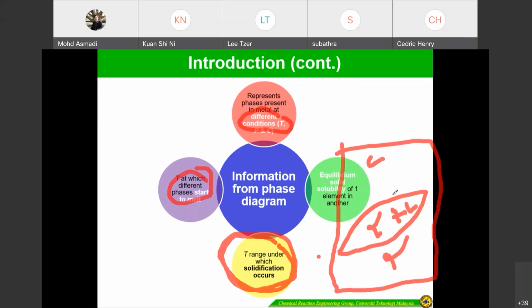So it is going to solidify from the liquid, then pass through two phases, and also become solid, solid alpha.